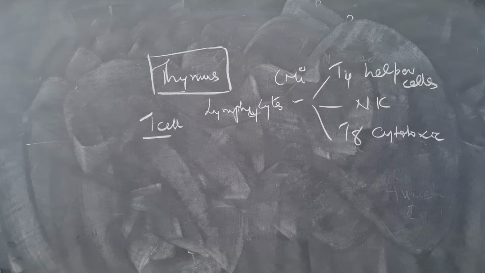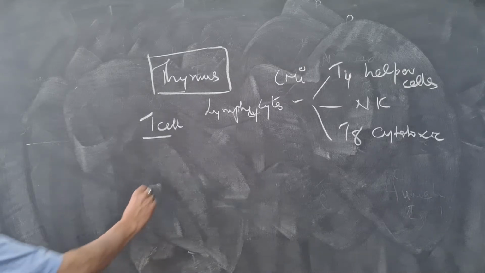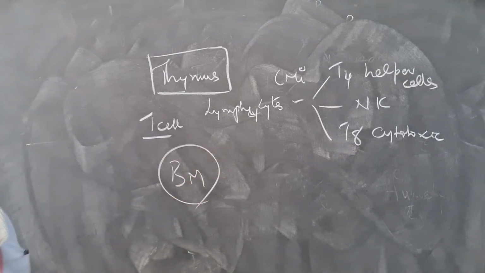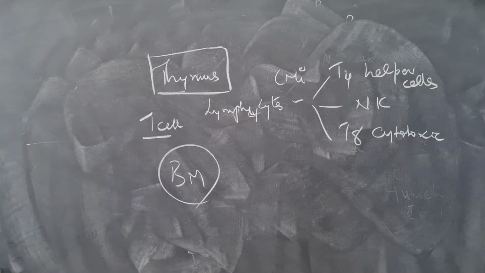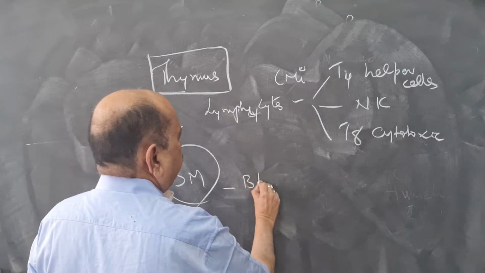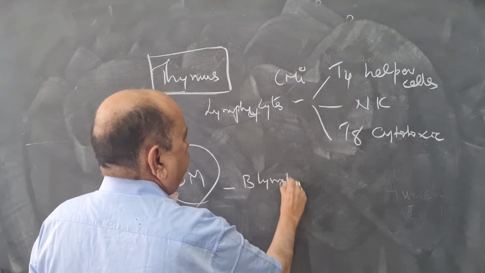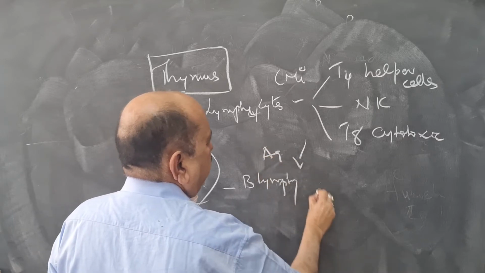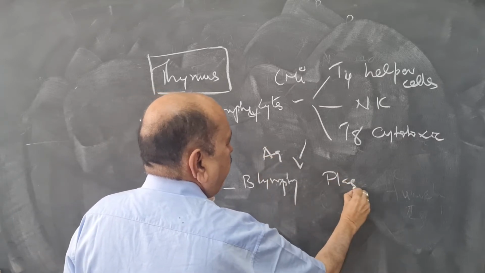Now there is an organ called bone marrow. Bone marrow is inside the bones. In the bone marrow, there are lymphocytes which get coached. They are called B lymphocytes. B lymphocytes, upon antigenic stimulation, get transformed into plasma cells.